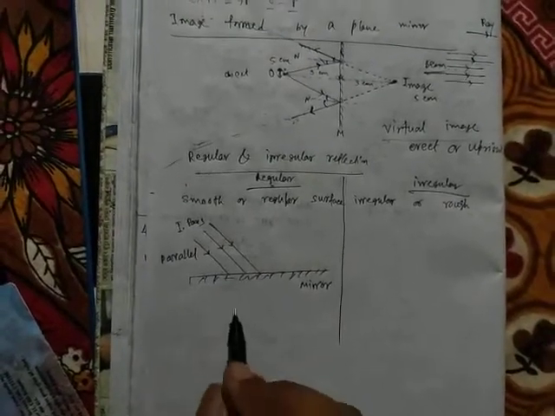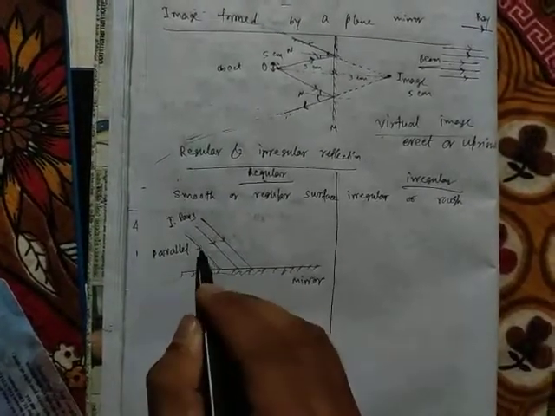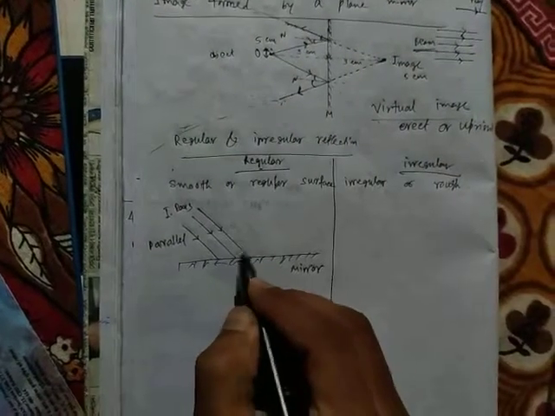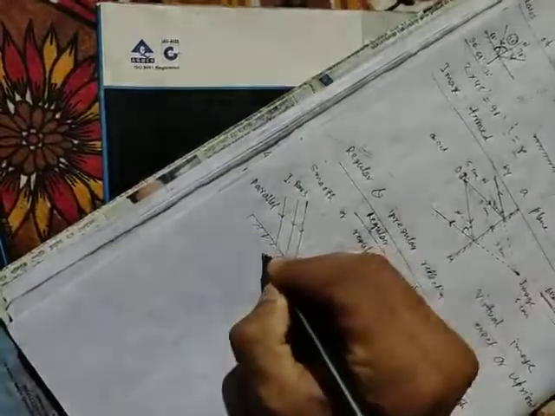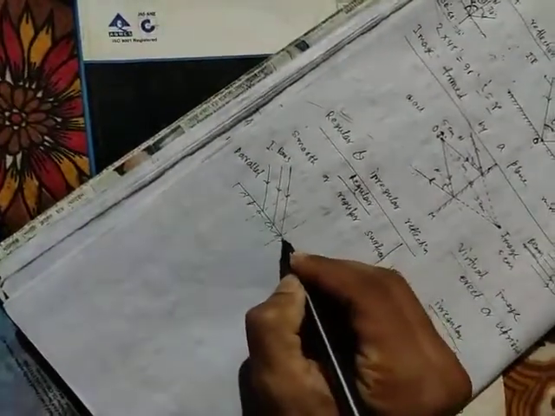For regular reflection, after striking the surface, parallel rays return back parallelly. And one thing you have to remember, for this reflection also the laws of reflection are valid. That means the incident angle must be equal to the reflected angle. So this angle must be the same as this angle, and this angle equal to this angle.